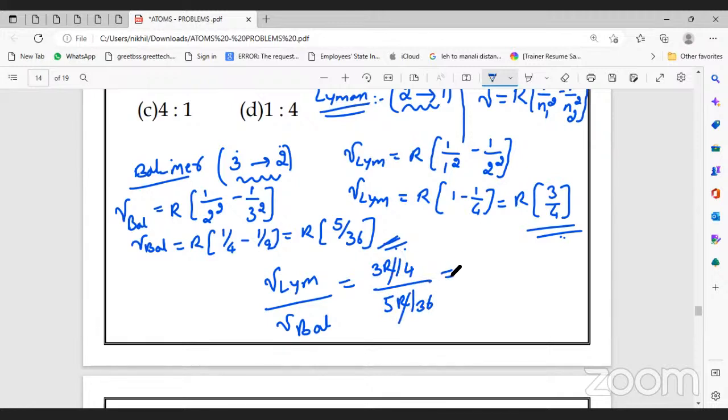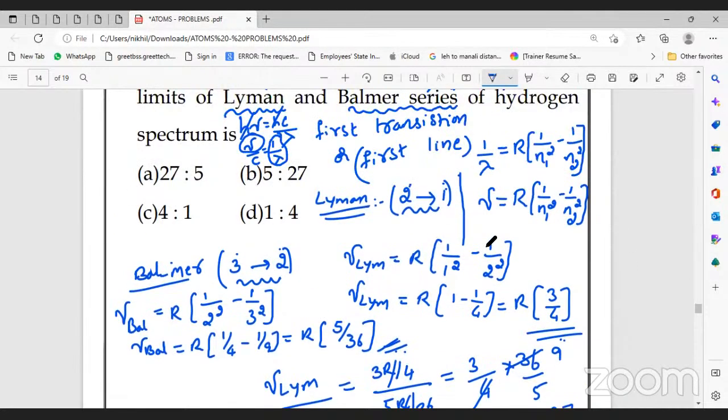R and R cancel out. So this will be 3 by 4 into 36 by 5, which is 27 divided by 5. So the ratio of the frequencies is 27 is to 5. So you can go ahead with option A.